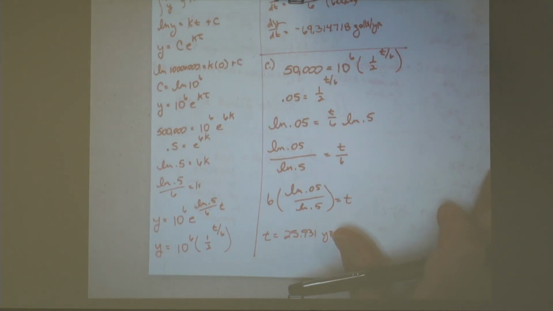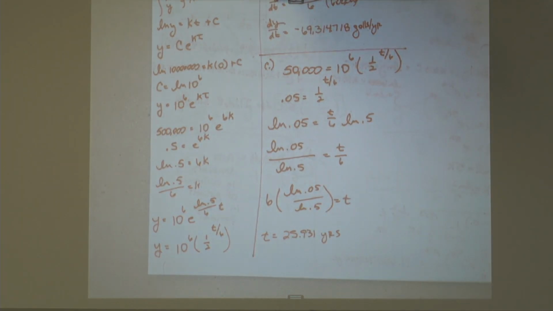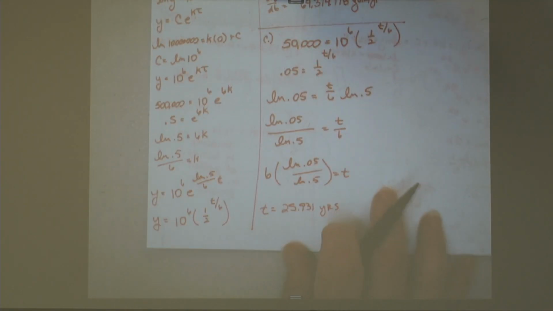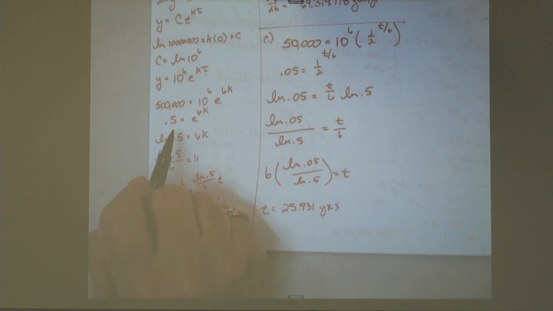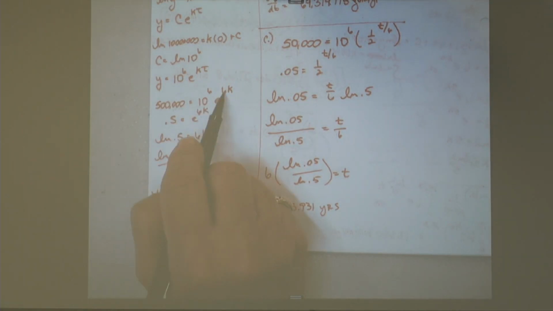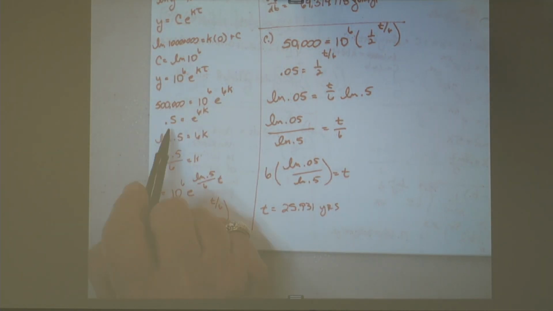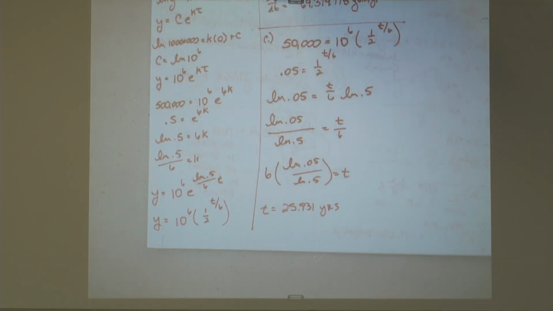Now remember, in these situations, you have to work it again to find the value of k. They're telling me at time 6, we're at 500,000 gallons, so I plug that information in: 0.5 is e to the 6k power. Take the log of both sides.